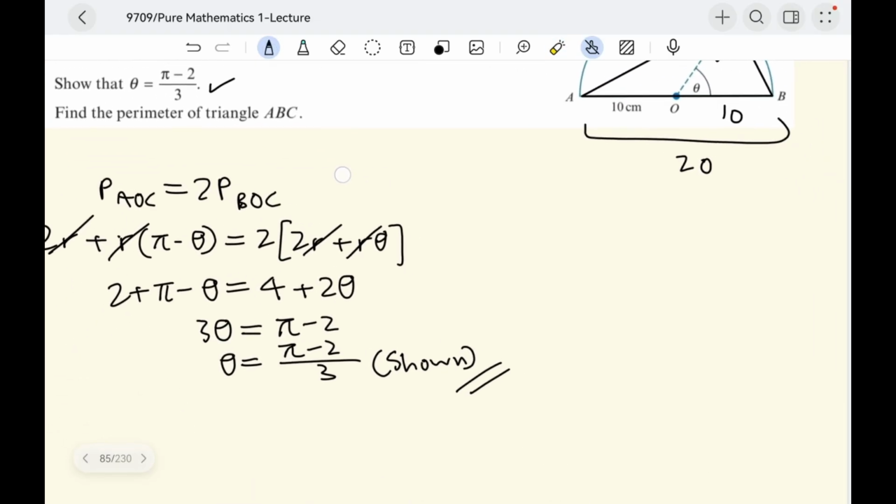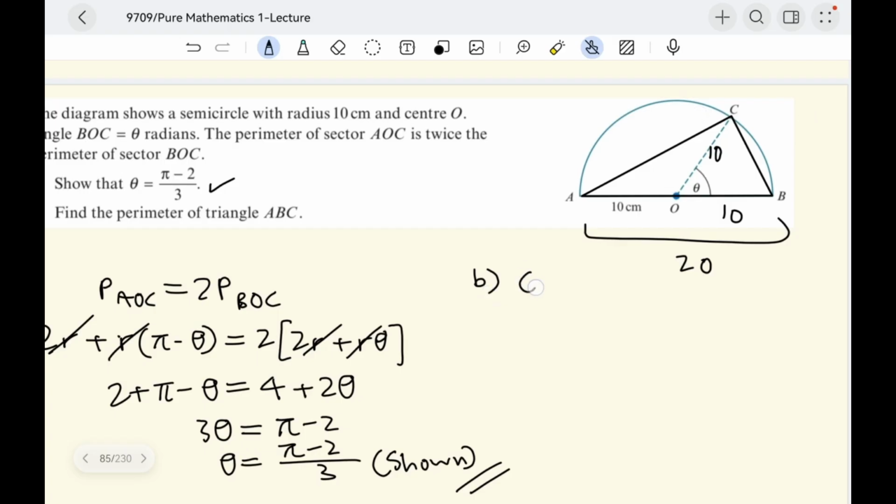So for part B, you have to use the cosine rule. What does the cosine rule state?